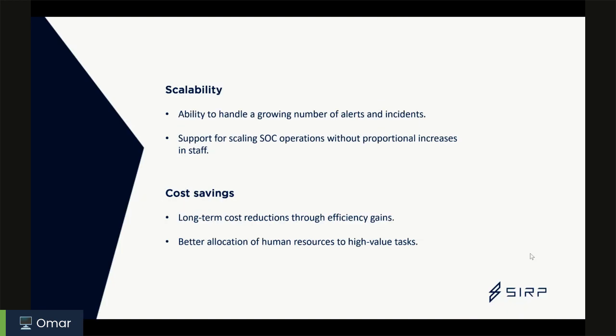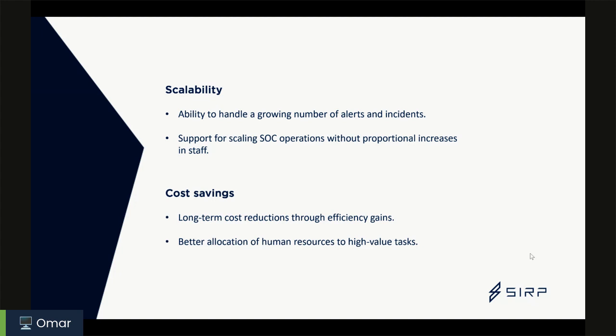Another significant benefit of security automation is scalability. As volume of alerts and incident grows, automation enables SOC to manage them without needing more staff. So increase in the alerts would not be directly proportional to the amount of security analysis that you require in your SOC with automation.